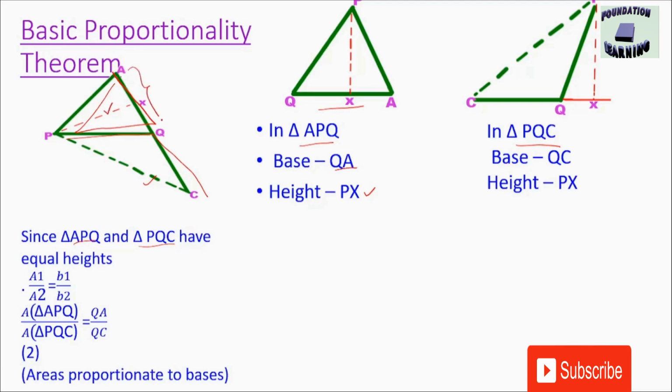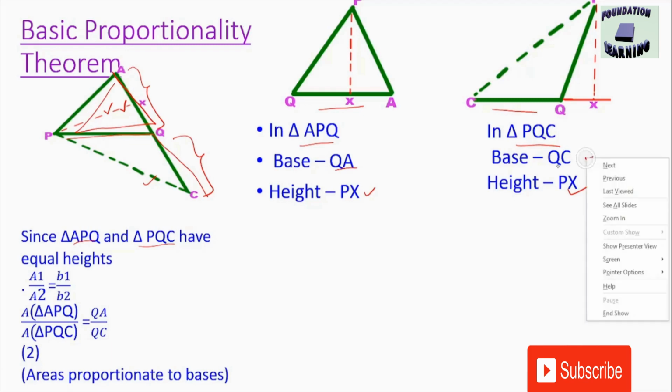See, the height is here and the base is here, QA. In triangle PQC, the base is QC, the base is here, QC, and the height is PX. Now what sort of triangle is this? It's an obtuse angle triangle, so the height is coming outside here, PX.